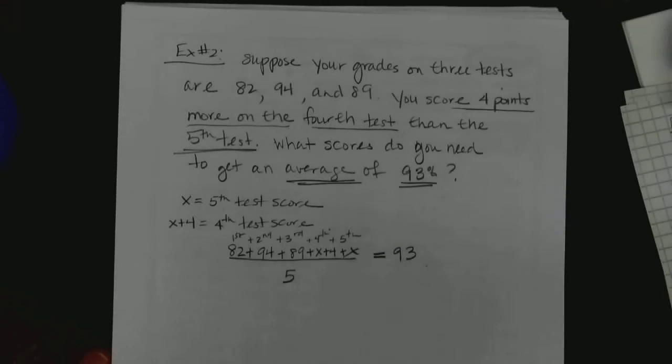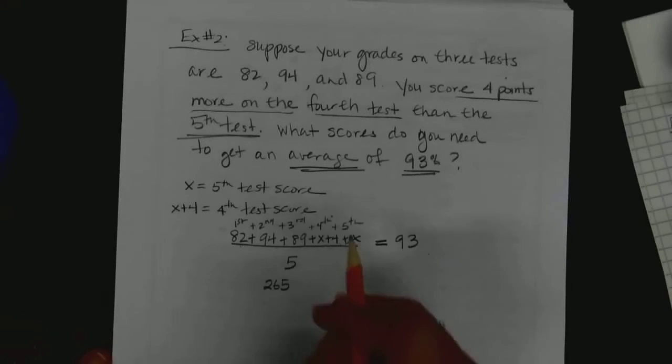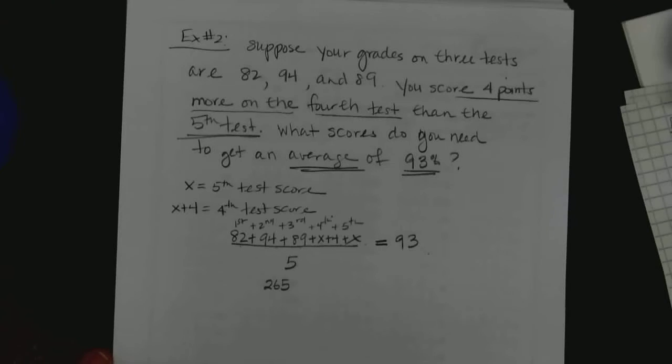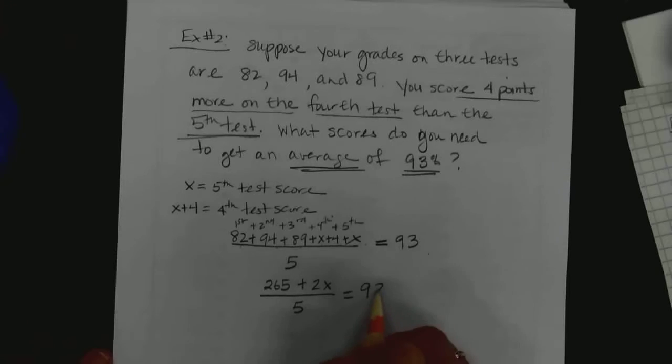Now let's add up the numbers. 82 plus 94 plus 89 plus 4 is 265. And then what's X plus X? Not X squared, but 2X. When you do X times X, that's when it's X squared. So this is 265 plus 2X all over 5 must equal 93.